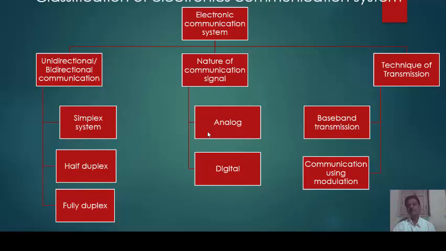And the technique of transmission is again of two types: the first one is baseband transmission and the second one is communication using modulation. So this is the classification of the electronic communication system.